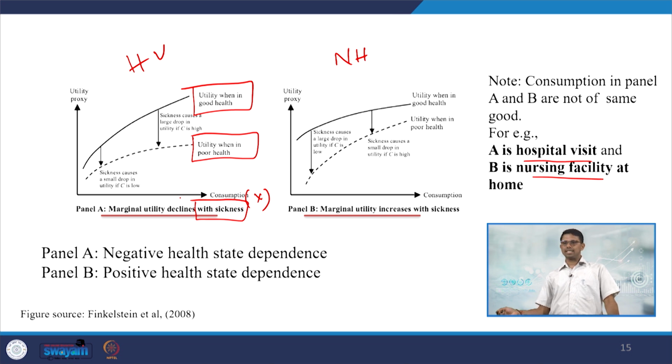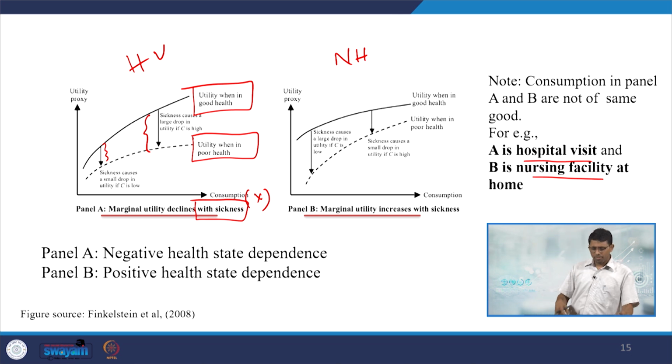In the case of sickness, the incremental change in the utility for a person in good health actually increases better than that of the person already carrying bad health, when it is mandatory for the person to consult healthcare from an institutional facility. Therefore, the gap increases. This gap initially is this, and the gap between these two is much higher.